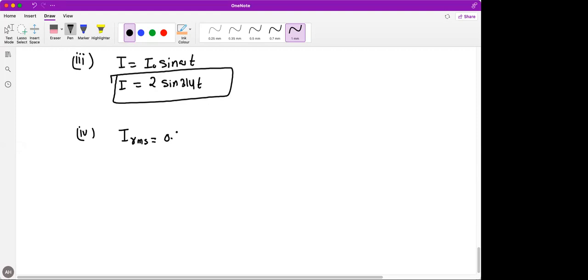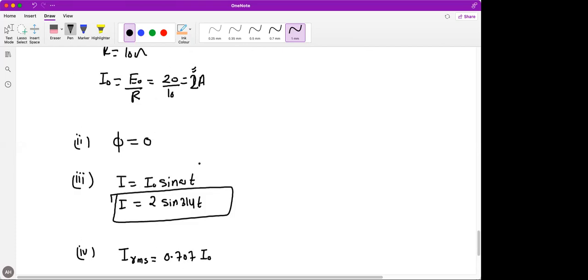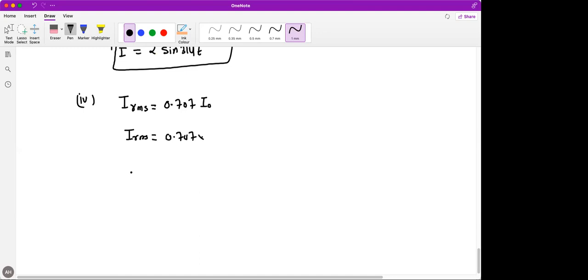Very good. So the RMS value of current is 0.707 into peak value. And in this question, how much is the peak value? Peak value is 2 ampere.